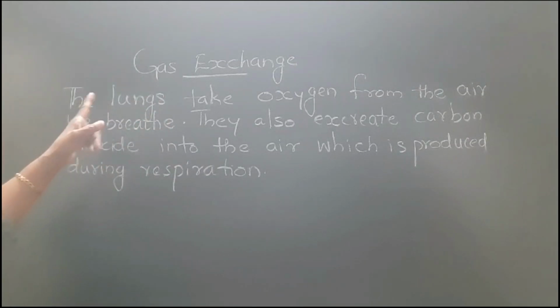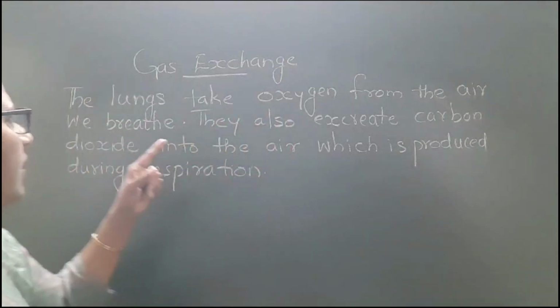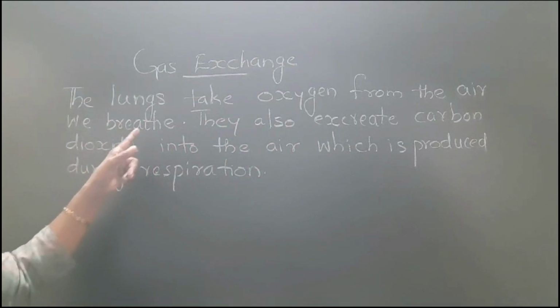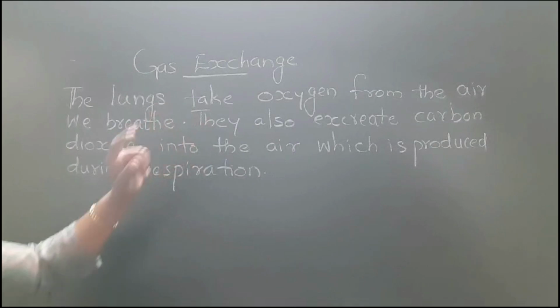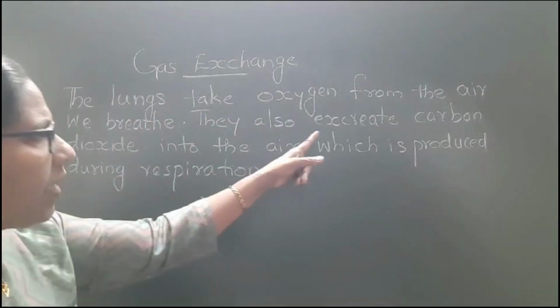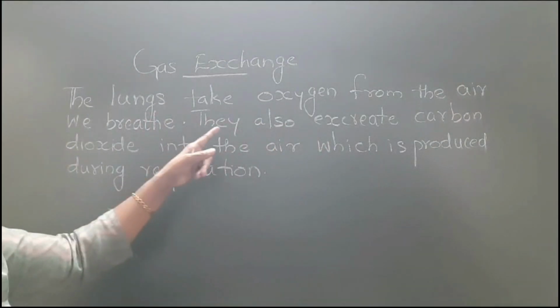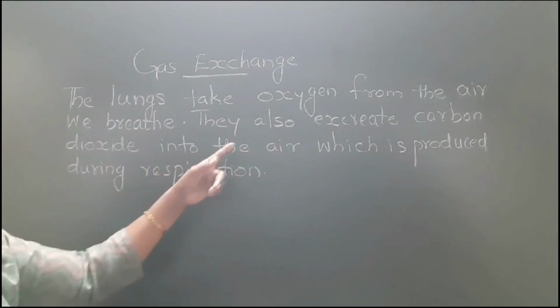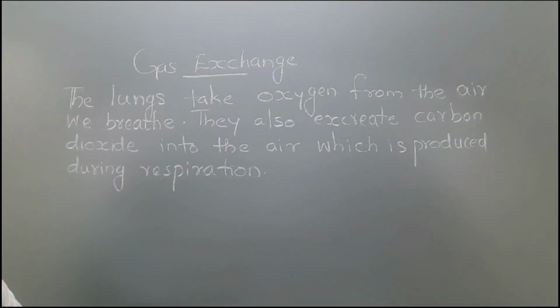The lungs take oxygen from the air we breathe. Yes, we breathe air. From that, lungs take only oxygen. They also excrete what? Carbon dioxide into the air. We breathe out carbon dioxide. How is that carbon dioxide produced in the body?